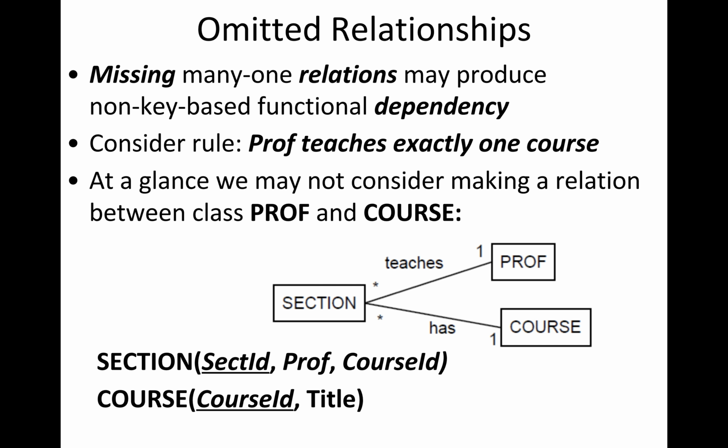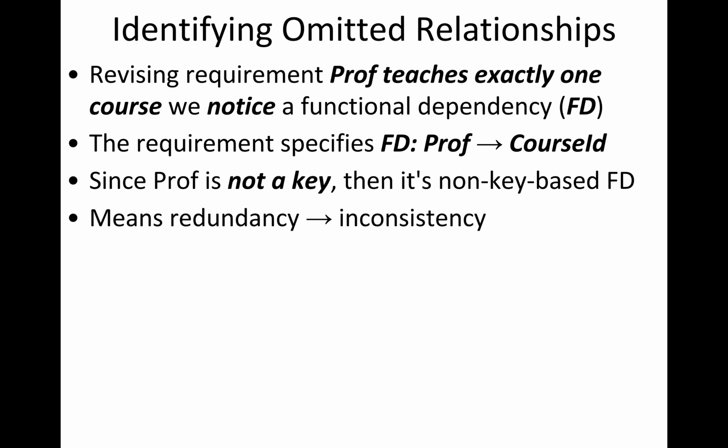Some other examples might have been that as we were capturing the relationship between sections, professors and courses, we might have added a rule that says a professor teaches exactly one course. In the current implementation, the professor is captured only once in the section, and we have a separate course table.